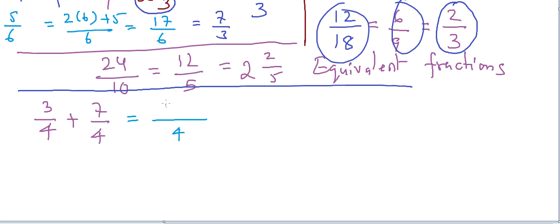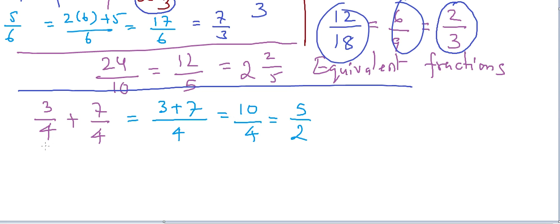Then you just have to add the numerators, 3 plus 7, which is equal to 10 by 4. You simplify it, because both are divisible by 2, and it becomes 5 by 2, an improper fraction. Of course this can be converted to a mixed fraction.